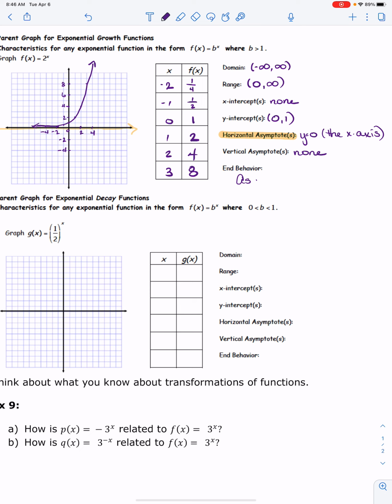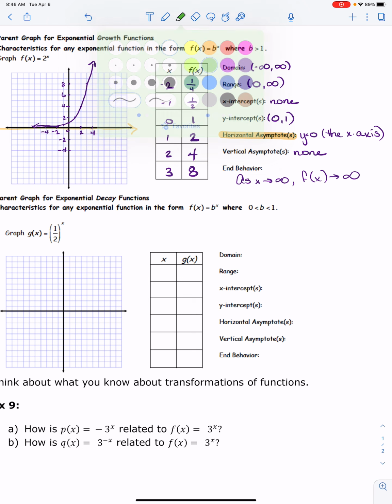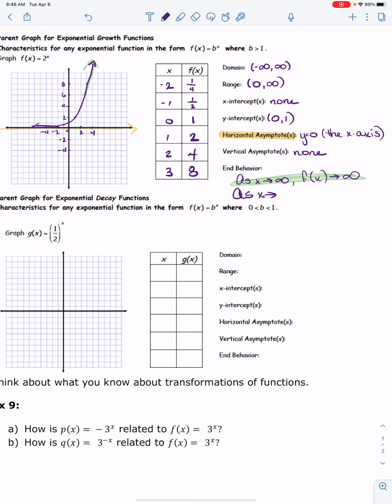As x goes to infinity, our y also goes to infinity. That's what's happening here. And as x goes to -infinity, our y is approaching 0, right? It's not going to cross the x-axis, but it's going to continue to get closer and closer to 0.